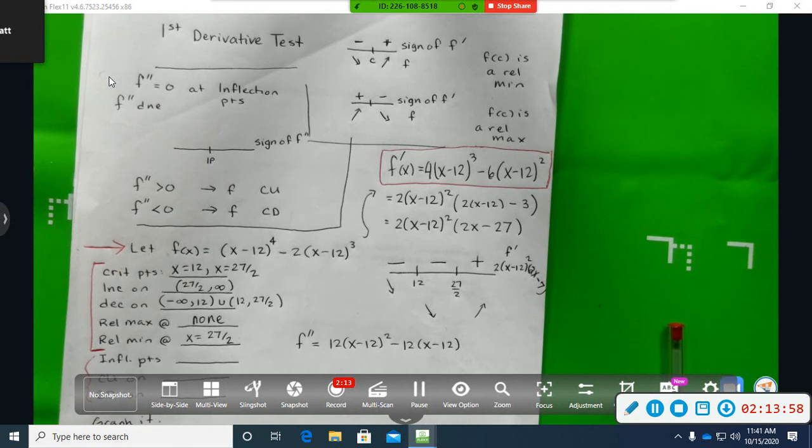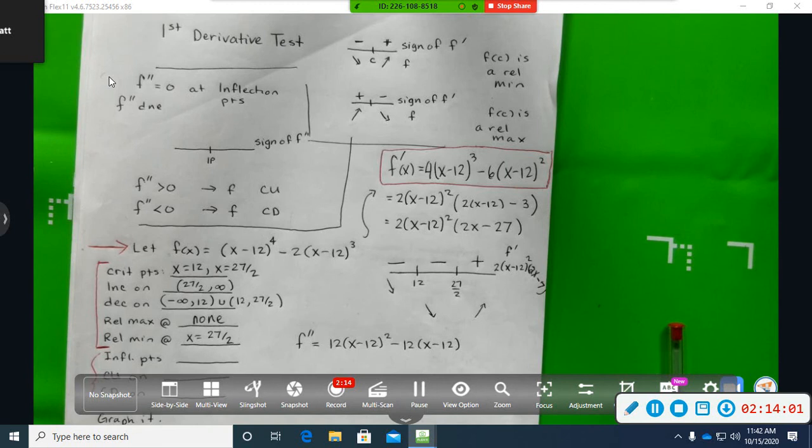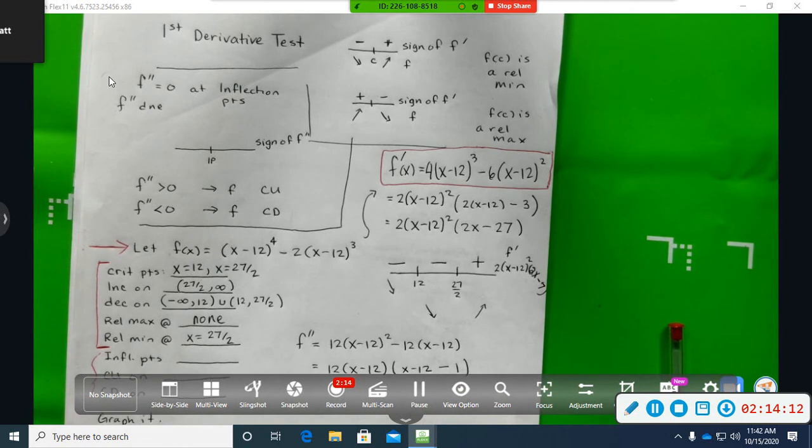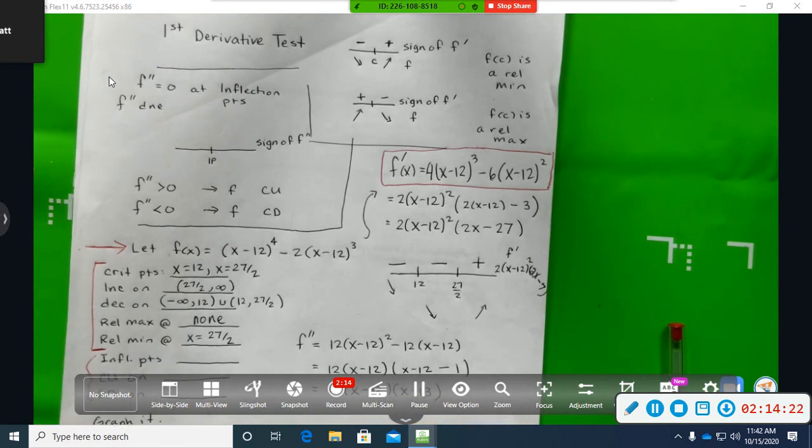I've got a common factor of 12 times (x minus 12). If I pull that out, I have one more factor of x minus 12 there, and the other term leaves just a 1. So my second derivative looks like 12 times (x minus 12) times (x minus 13). The second derivative is equal to 0 at the inflection points, so I have an inflection point when x is 12 and another when x is 13.